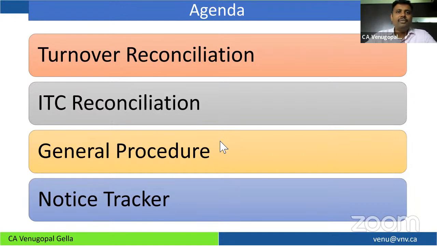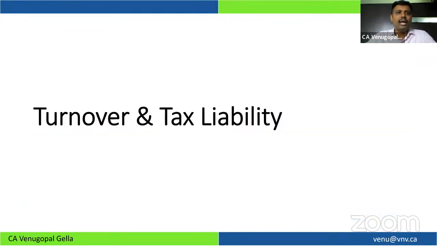So let us begin with looking at the turnover and tax liability related aspects when it comes to closing of your books of accounts. Firstly, you have to reconcile your turnover. When we say reconciliation of the turnover, please consider GSTR 1 as your sales reporting and GSTR 3B as your liability discharge module.